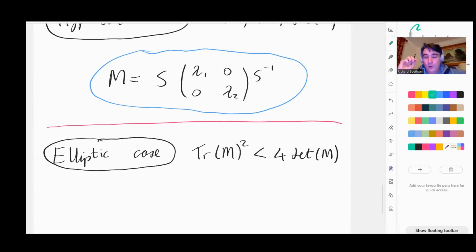This is what's called the elliptic case. And this is characterized by this inequality that the trace of M all squared is less than 4 times the determinant of M. So if we went back to that expression before, you would see that in this case, that thing in the square root sign will actually be negative. So this is very interesting because in this case, we have complex numbers appearing.